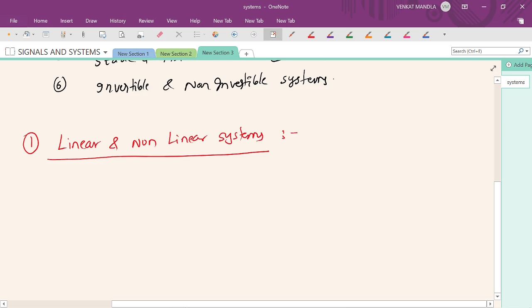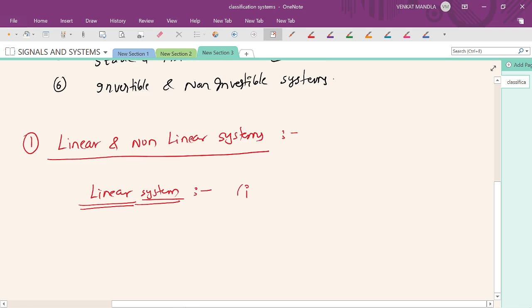If the system is represented with input-output relation. Okay, so first, linear. If a system is said to be linear system, it has to satisfy two conditions.